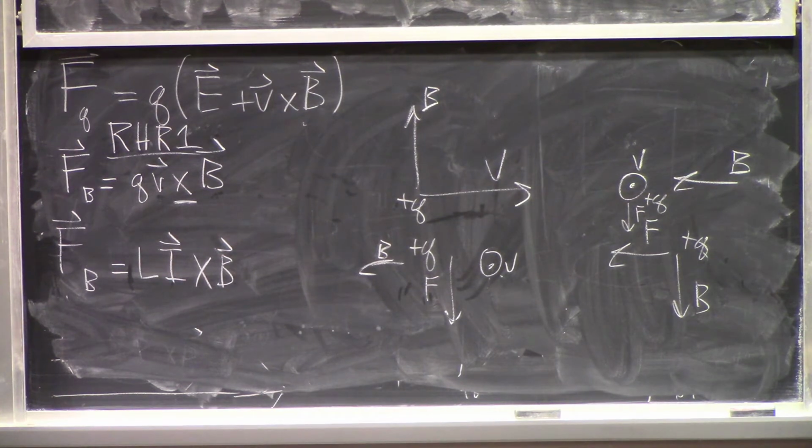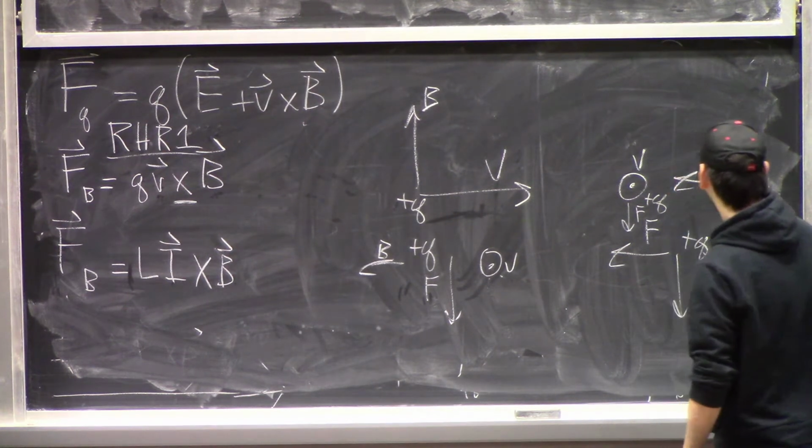So I'm fixing my thumb in the direction of the force. I need to rotate my hand in such a way that when I curl my fingers, they're going to be down. So that curls down, and then I uncurl it. Just curl down, uncurl, velocity is this way. So this has the velocity that way.